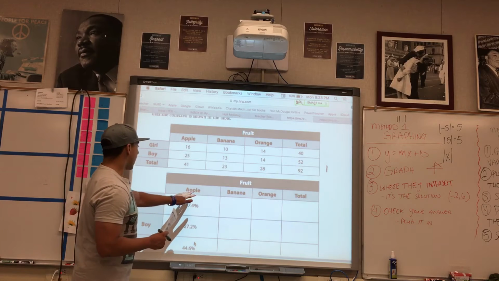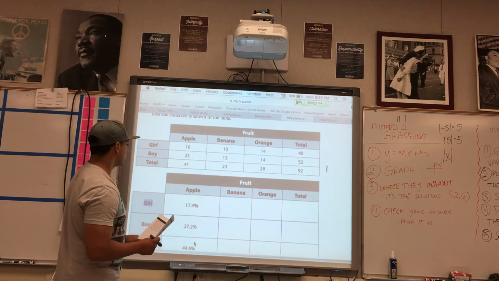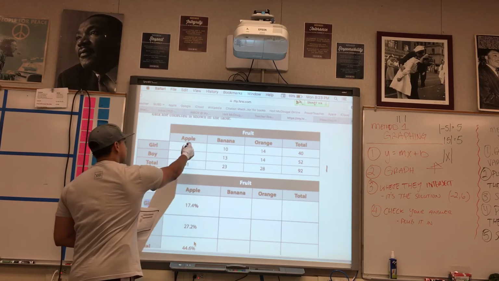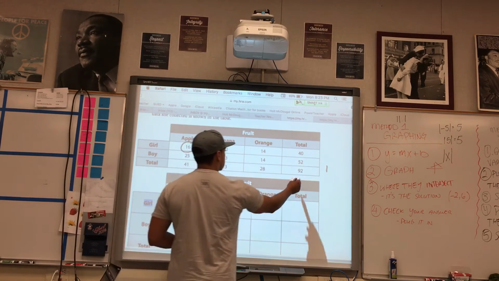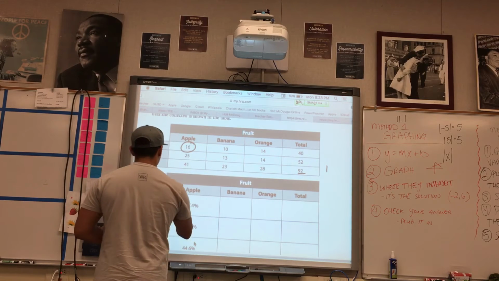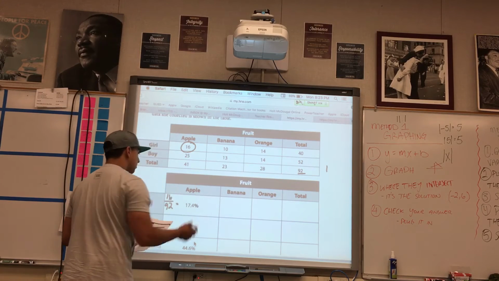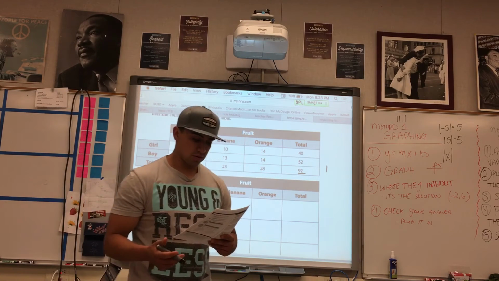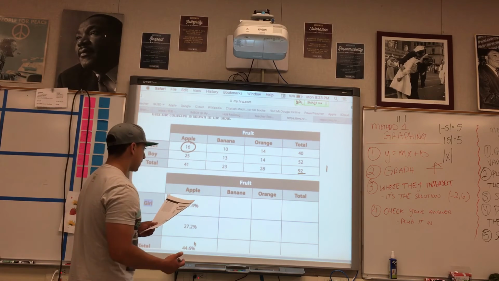Okay? So, for apple, for the girls that selected apple, we're going to do 16, since that's how many girls selected it, divided by the total amount. So it's going to be 16 divided by 92, which equals 17.4%. It's already written there for you. Okay, so you're going to continue to do this for each fruit, for each girl.